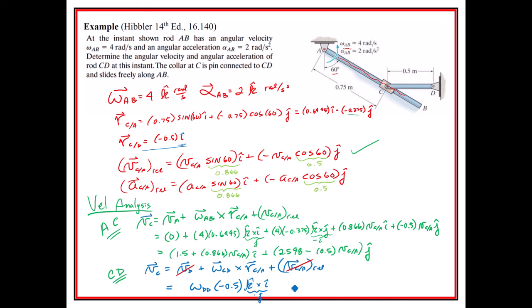So V C is also equal to negative 0.5 omega CD in the j direction.